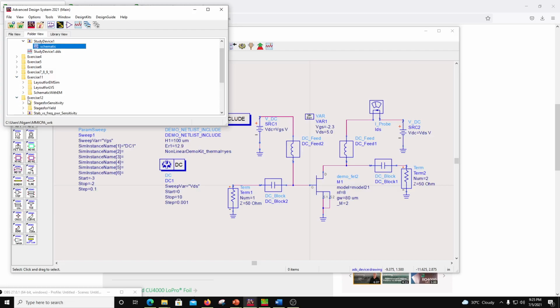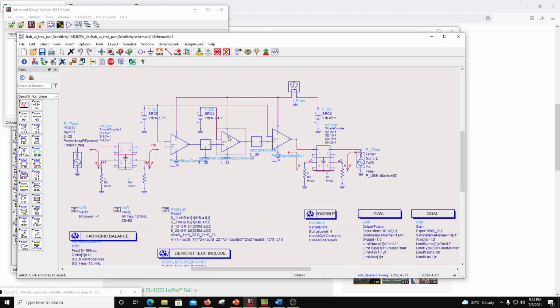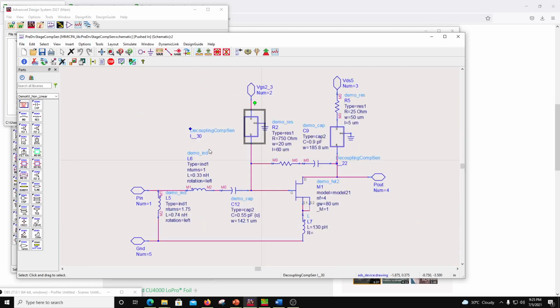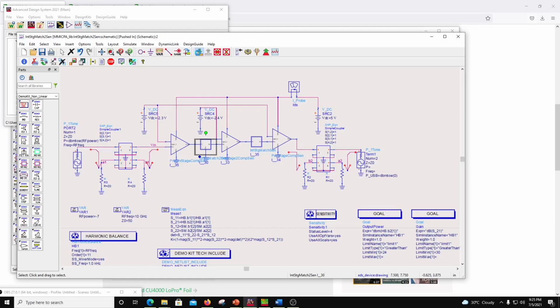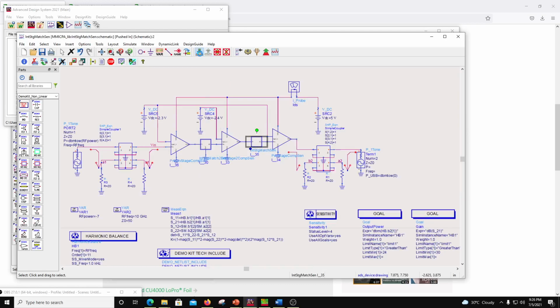Let me show you that over here. They reach somewhere here where they have a pre-driver which is tuned, then there is an interstage 1, then a driver stage, then an interstage 2, and then a power stage.